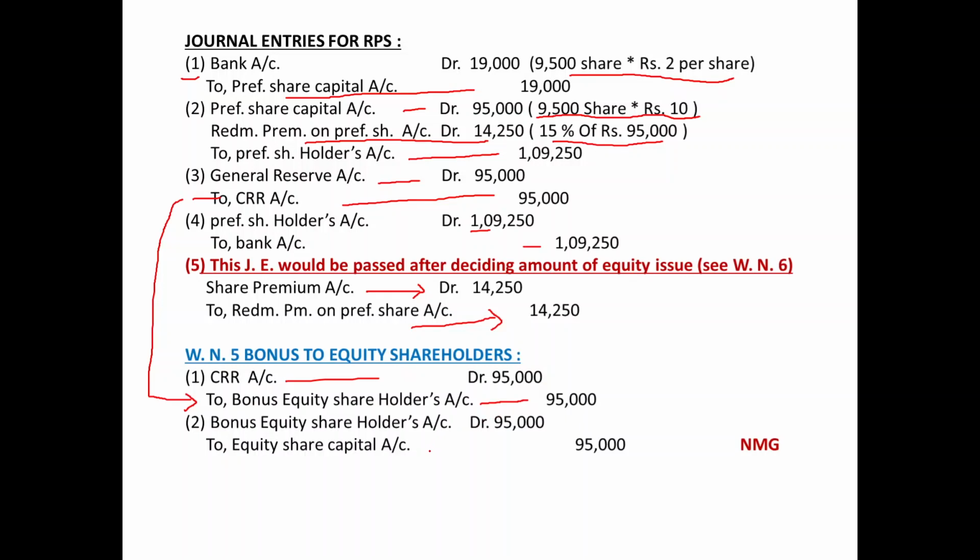And second, bonus to equity shareholders account debited to equity share capital account credited 95,000. And that is why there is no closing balance of CRR appearing in the balance sheet. Why? Because that balance of rupees 95,000 has been utilized for issuing bonus shares to equity shareholders. So, these were the transactions.